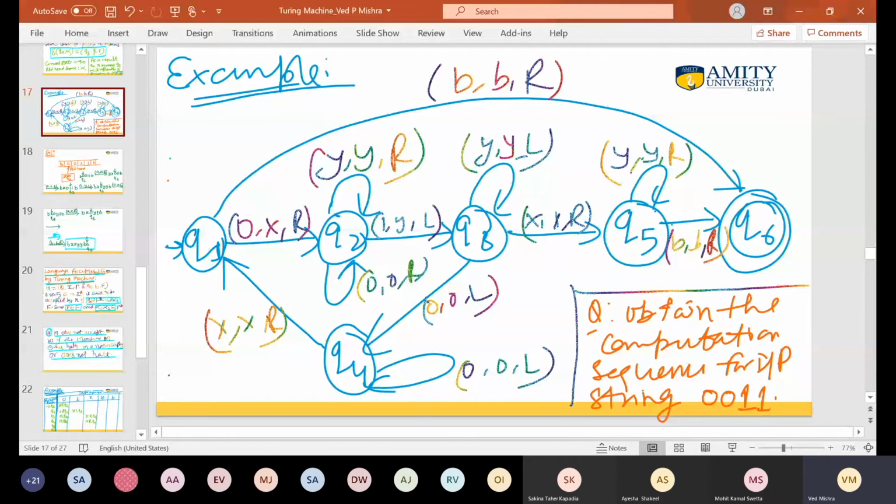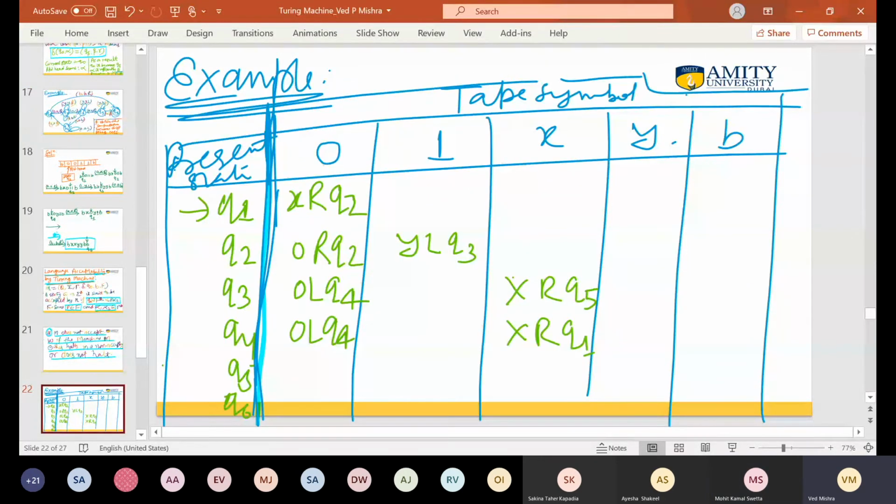And for Q5 Y input, what will you get? Y R Q5. Yes, so let's write it: Y R Q2, Y L Q3, and Y R Q5.